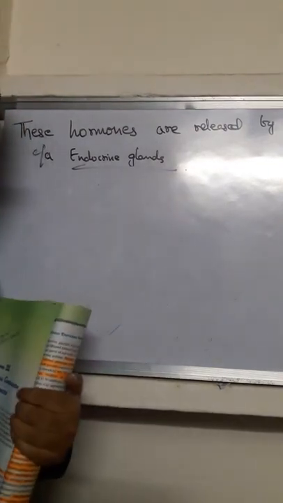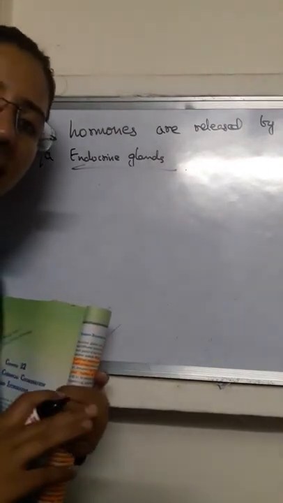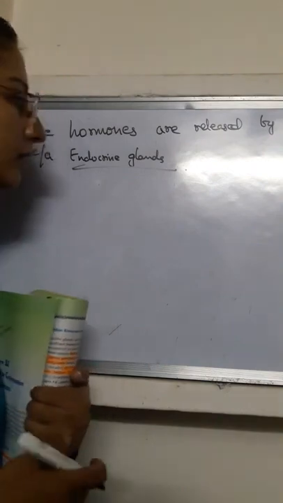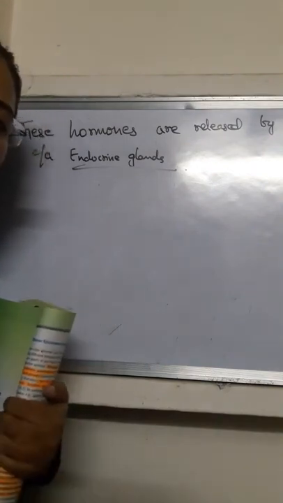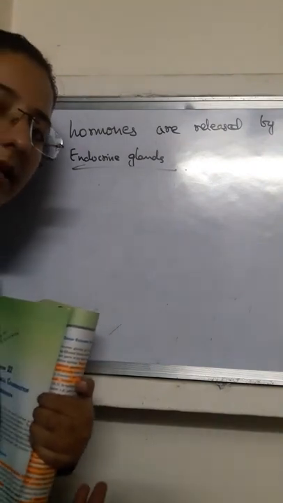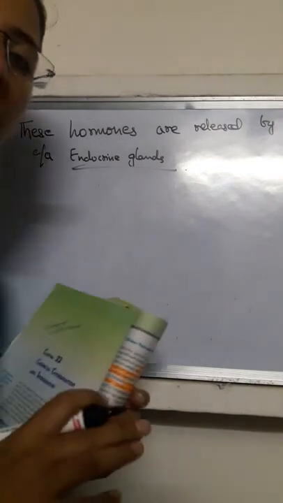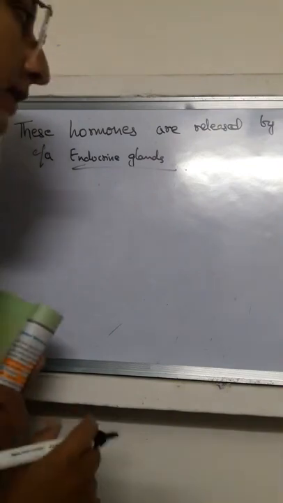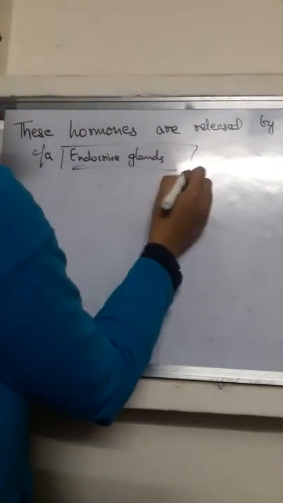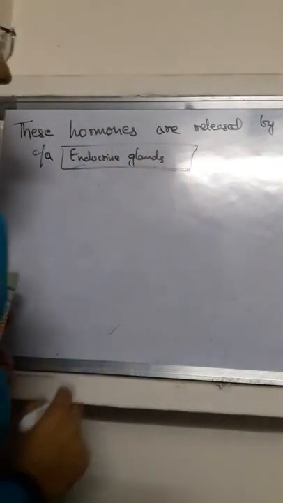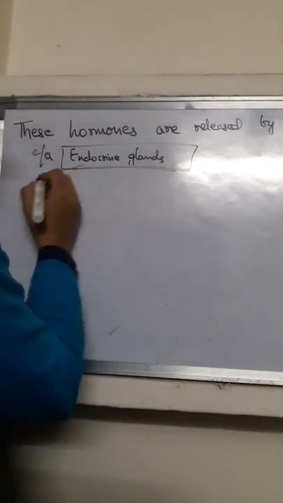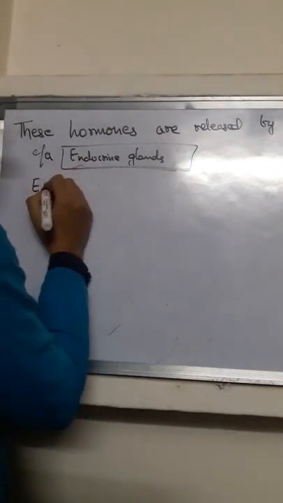So we will mainly discuss endocrine glands. But there are also two other types of glands called exocrine glands and autocrine glands. Exocrine glands and autocrine glands are not in our syllabus, so we will specifically discuss endocrine glands only. Okay, so now what are endocrine glands?